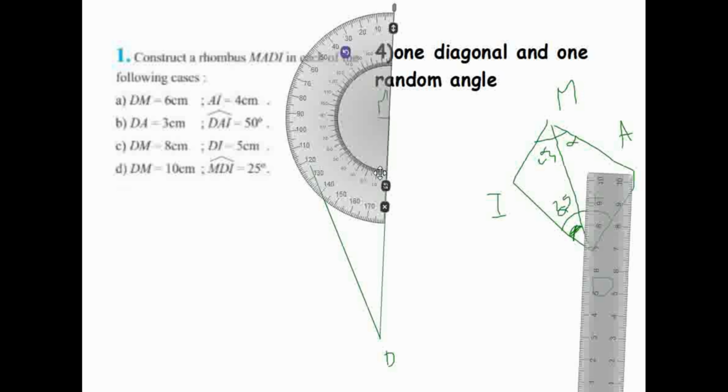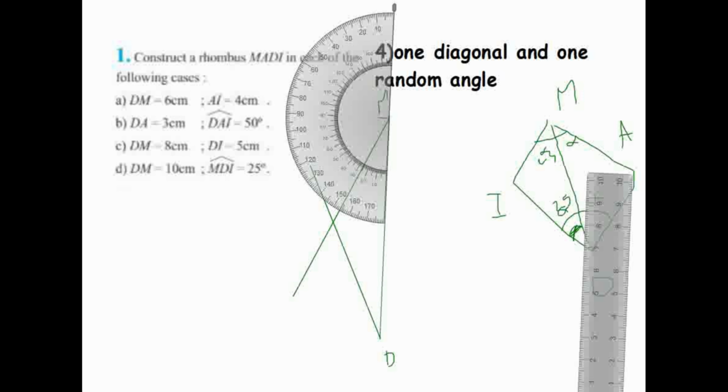No, we are going to use the inside numbers because it starts from 0, 10, 20 and you are going to reach 25. So I'm going to grab my pen and draw from M, 25 degrees. Here it is 20, here is 25, but I'm going to make it longer.